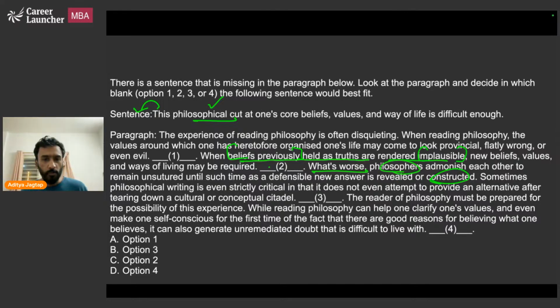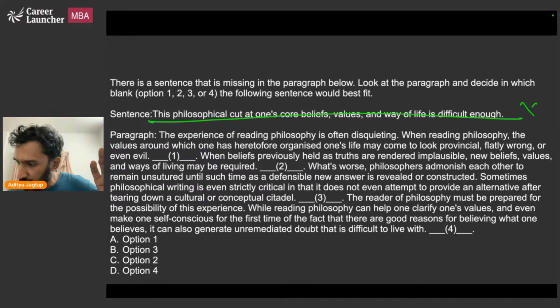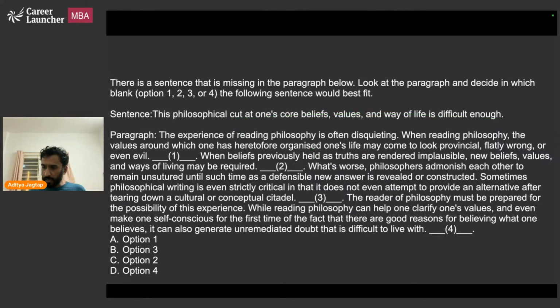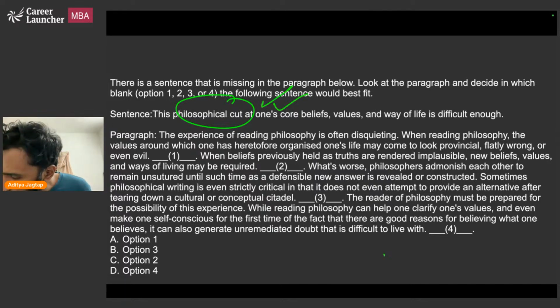New defensible ways to answer these questions are not allowed to be constructed. Let me repeat that carefully. What happens if we place sentence X in this position? It tells us prior that there is some philosophical cut, right? So this is great. And it tells us after that there is no solution allowed.